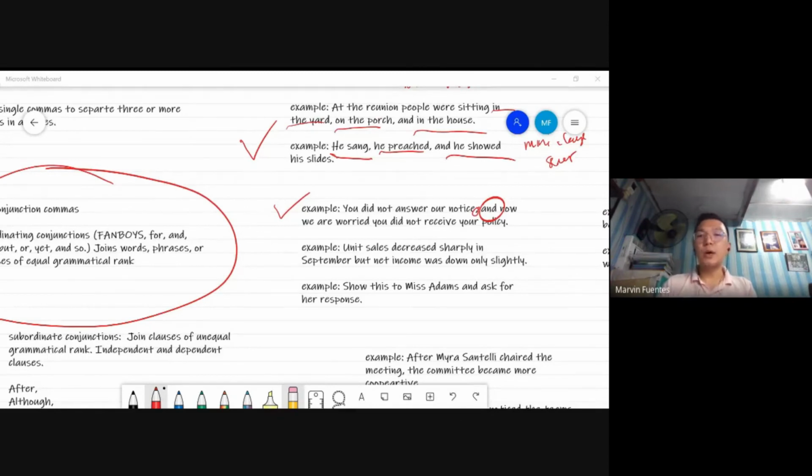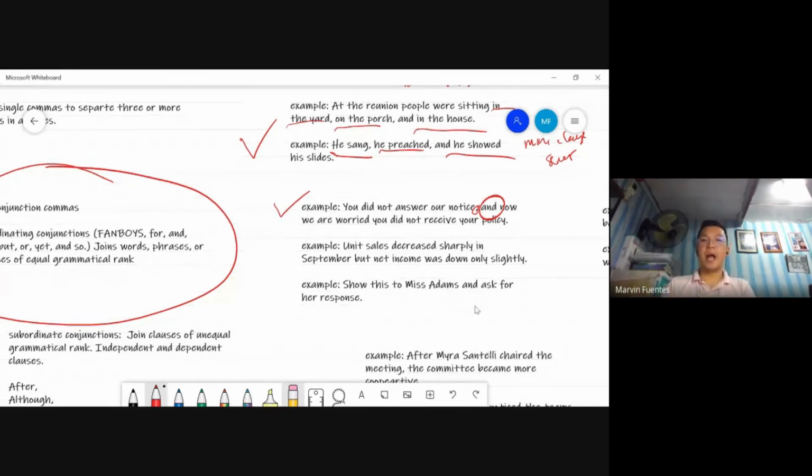Tignan mo muna yung verb, auxiliary verb, and then yung katabi noon, ayun yung subject. Tapos. Alright? Now, clear ang coordinating conjunction. FANBOYS yan ha, kinakabisado lang yan. For, and, nor, but, or, yet, so, tapos. Coordinating conjunctions. The rest of the conjunctions are subordinating. Kapag wala siya sa FANBOYS, subordinating conjunctions na.